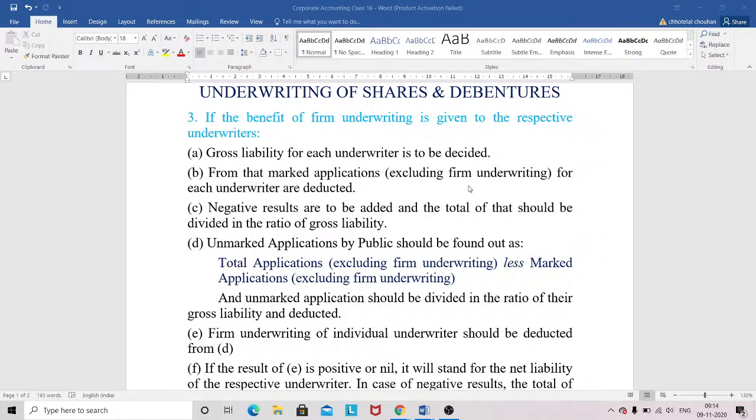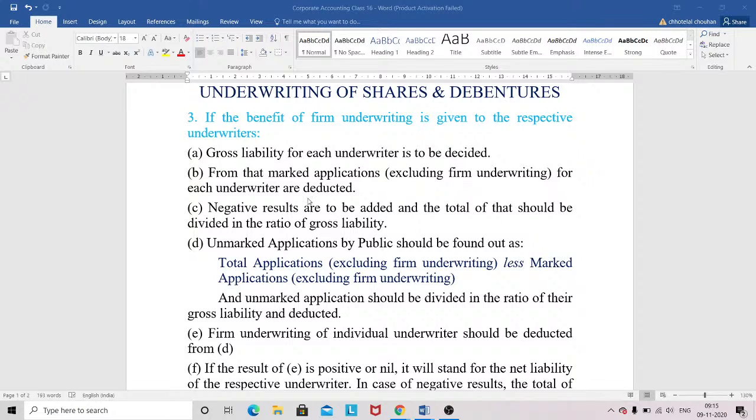Sometimes the firm underwriting is included in the marked application, so you need to deduct. Sometimes you have to deduct, and sometimes not. If the marked application is given such that firm underwriting is not included, then fine, we can proceed with that. But sometimes it may happen the marked application is inclusive of the firm underwriting, there you have to deduct that firm underwriting.